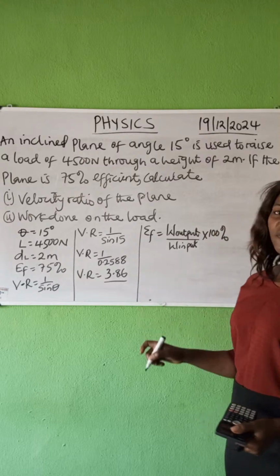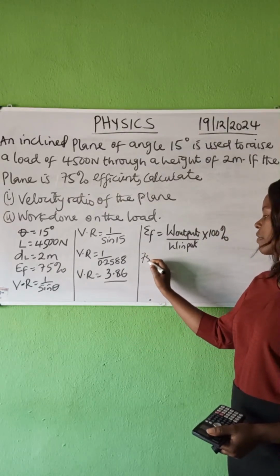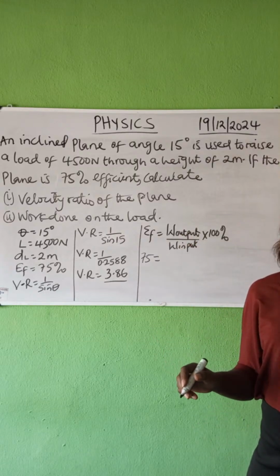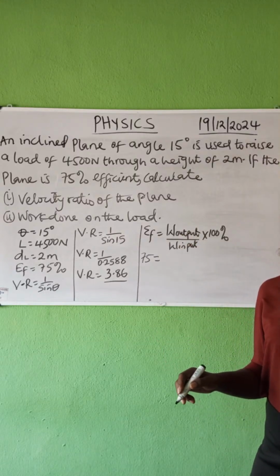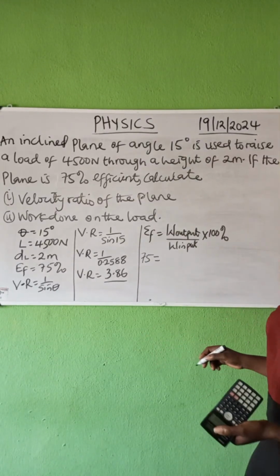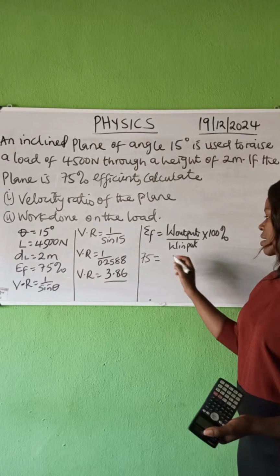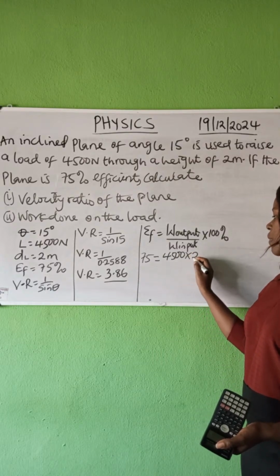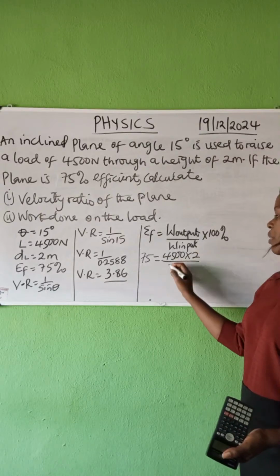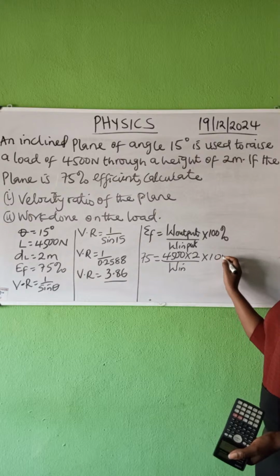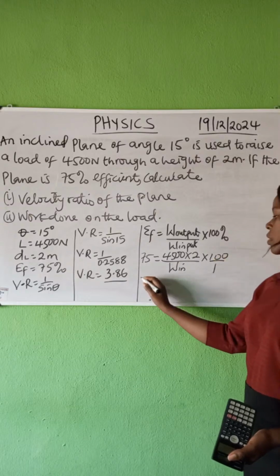So my efficiency, 75, is equal to the work output. Remember that work done is force times distance. So the output is the force, and the distance moved by it is 2 meters. This is 4,500 multiplied by 2, then divided by the work input, multiplied by 100 over 1.